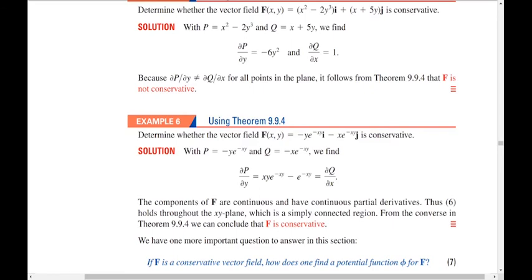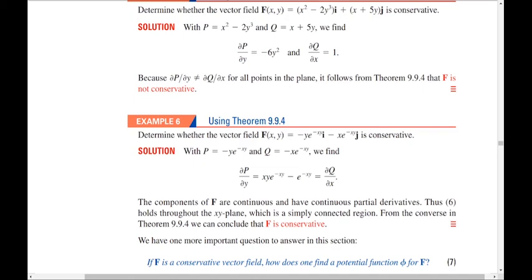Now the next important question that comes to mind is, if F is a conservative vector field, how does one find a potential function phi for F? I am sure that when I gave you an assignment, it might have come to your mind how we can show that F is conservative.